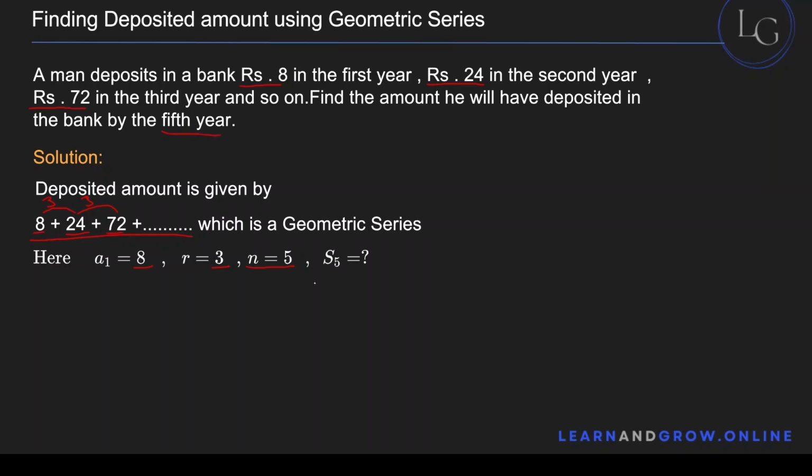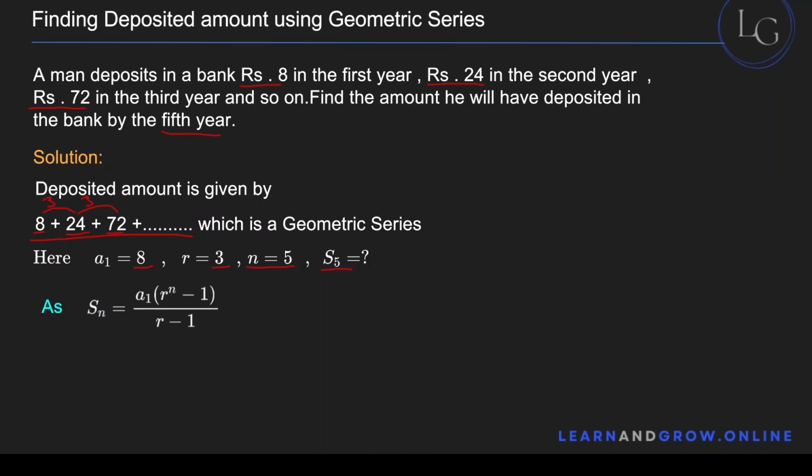So over here it's asking us the total amount that he will have deposited by the fifth year. So we don't have to find the fifth term in the series, but rather we have to find the sum of the five, the total amount deposited in the 5 years.